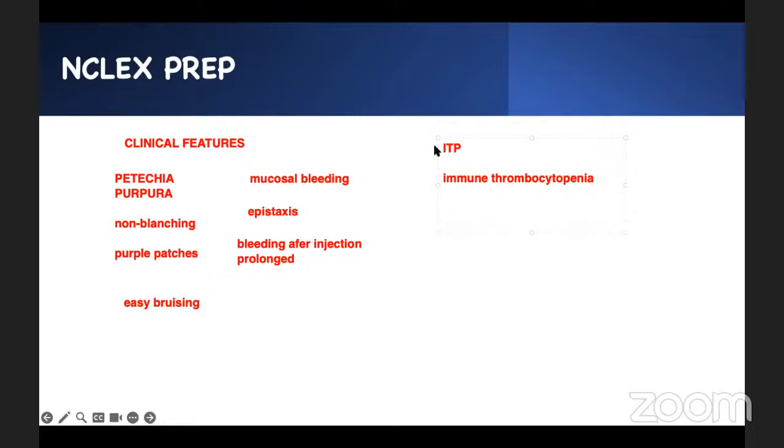It's different from TTP, okay? This is thrombotic, as you can see the name, thrombotic thrombocytopenic purpura.